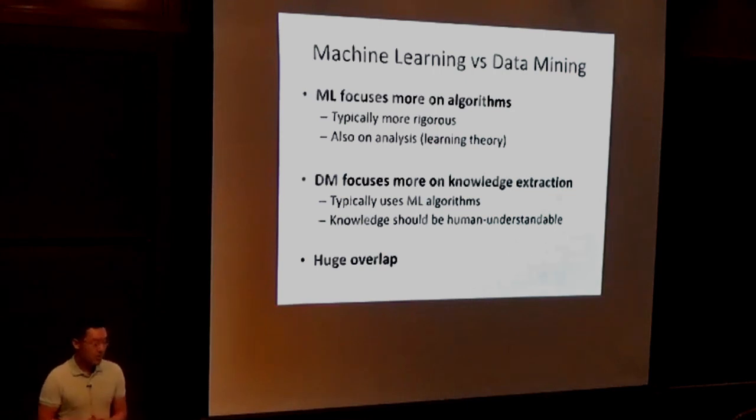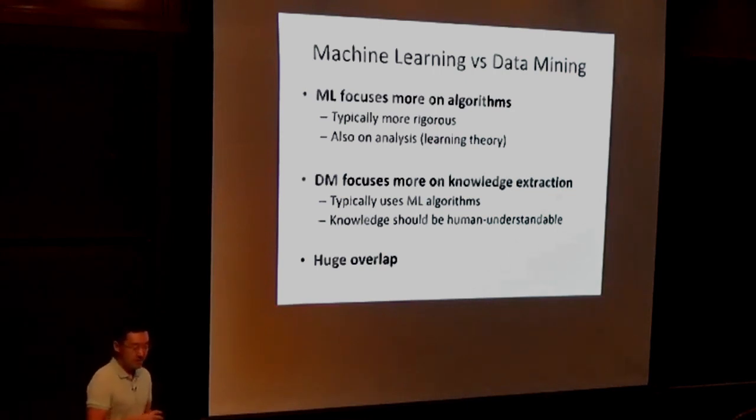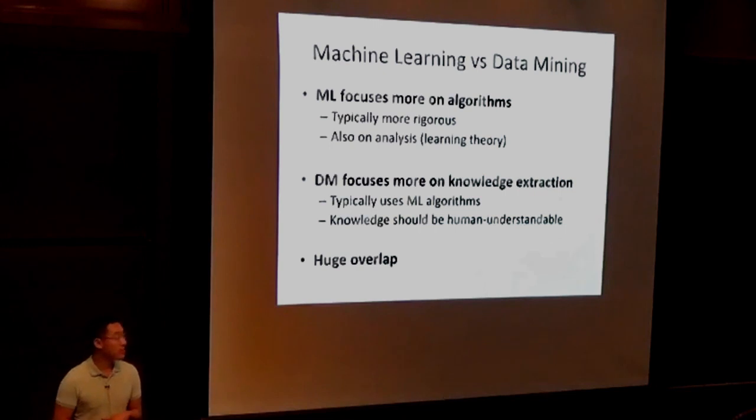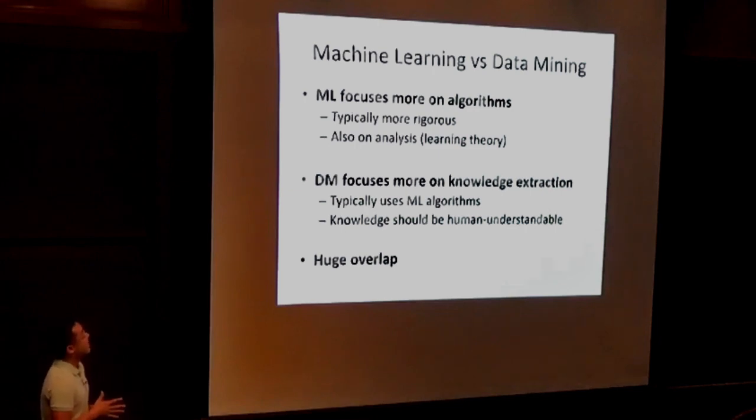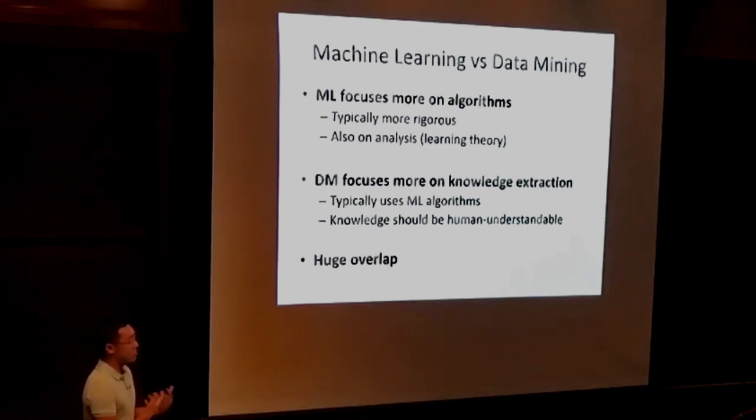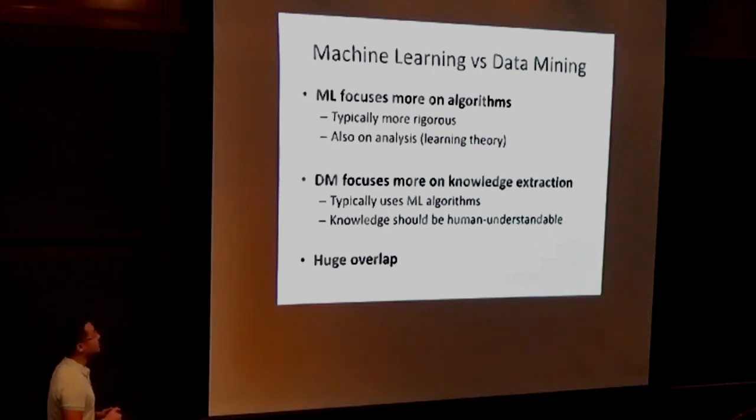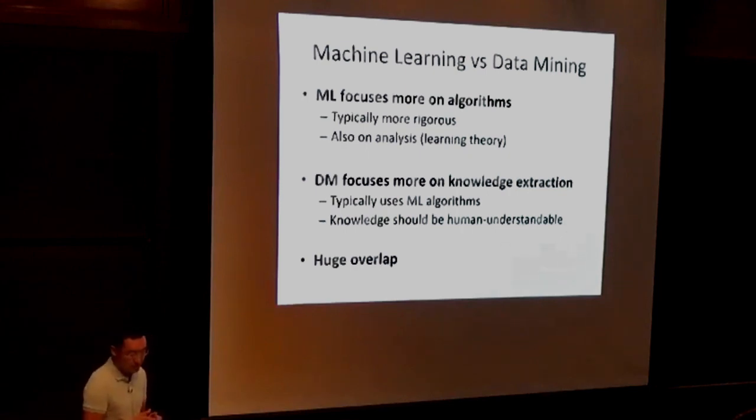This class will touch on both aspects, machine learning and data mining. To a large extent, they're more or less using the same set of tools, so in terms of the nuts and bolts, there's a huge overlap. You'll be learning all of it in terms of the basics. But when we think about what these methods are used in service of in terms of higher order activities, machine learning focuses more on the algorithms, so typically a bit more mathematically rigorous.